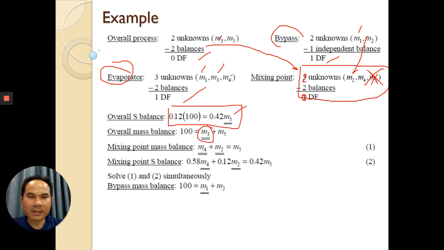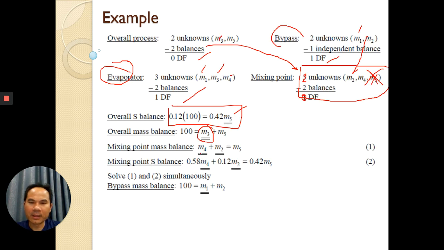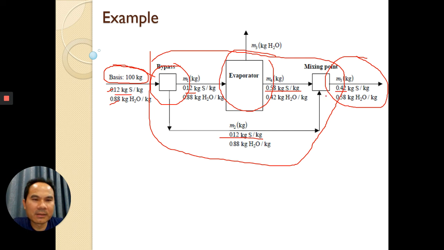Then the mixing point. If you make the overall balance on the mixing point, M4 plus M2 equal to M5. But you know M5 already. It is two unknowns and one equation, so you cannot solve it, and then you use the solid balance around the mixing point.